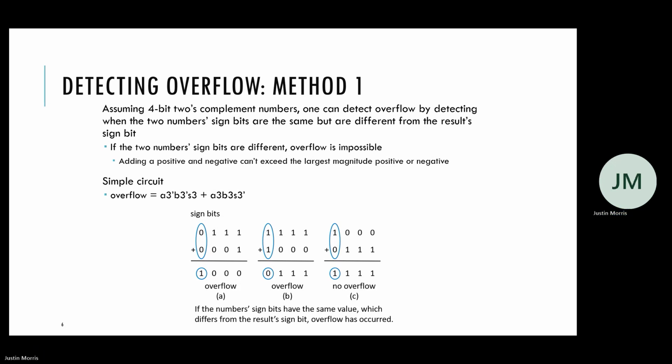Correct? But if they are the same sign, so here, this is a positive number, and this is a positive number. We see this? And this is 7, this is 1.